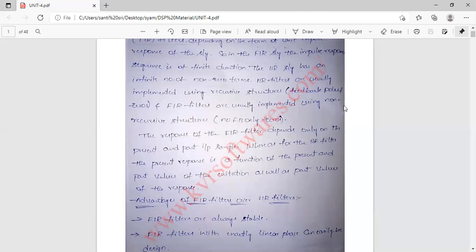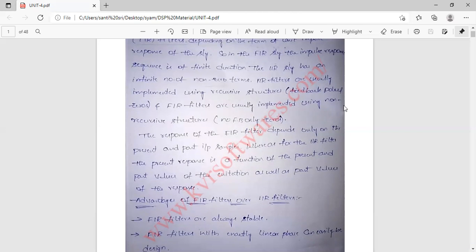The present output of the IIR filter depends upon the present input and past output, whereas the response of the FIR filter depends upon the present input and past input samples. FIR filters don't contain any feedback; they contain only zeros, whereas IIR filters contain feedback, zeros and poles.